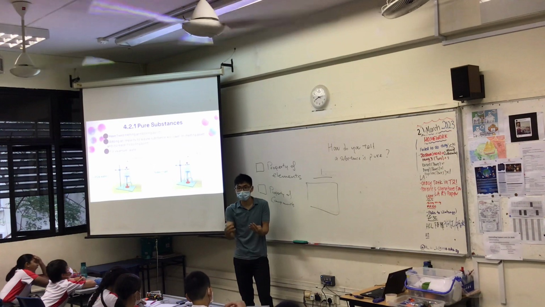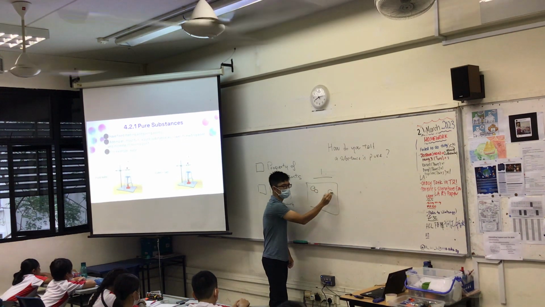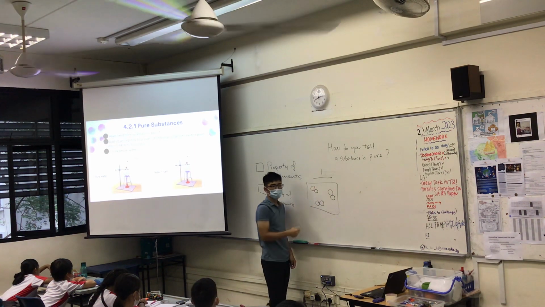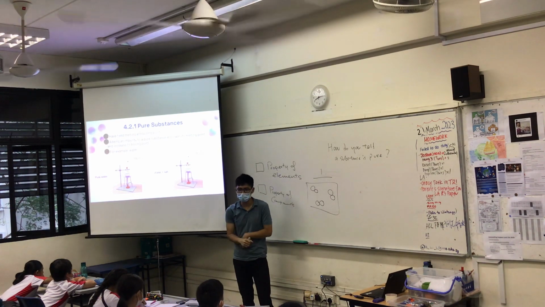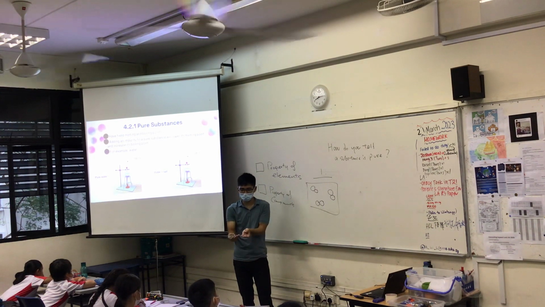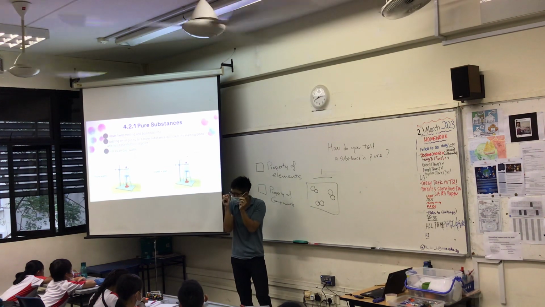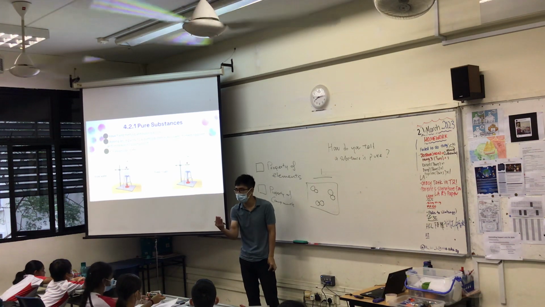You just tell by whether it's the same type, correct? So is this pure? Yes, it is pure. It's purely the same molecule present. But how do you tell if something is pure in real life? It's not like you have special eyes that can zoom all the way in to see the molecules. So how do you tell in real life if something is pure?